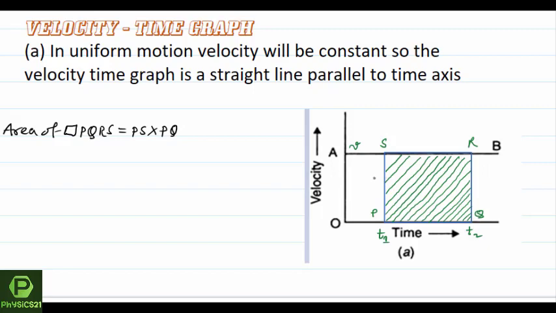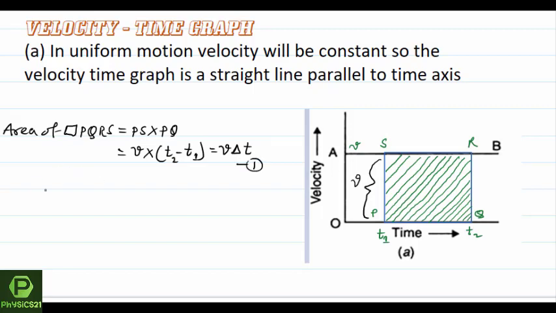From this graph, PS represents velocity because the velocity of the body is V. So in place of PS, we can write V, and in place of PQ, this is the time interval T2 minus T1. So now it is V delta T. Let this be equation 1.